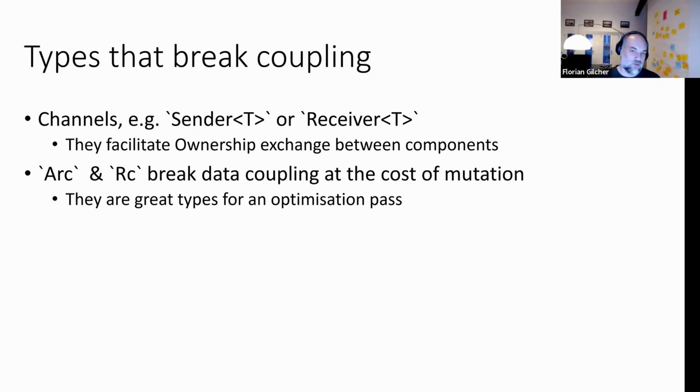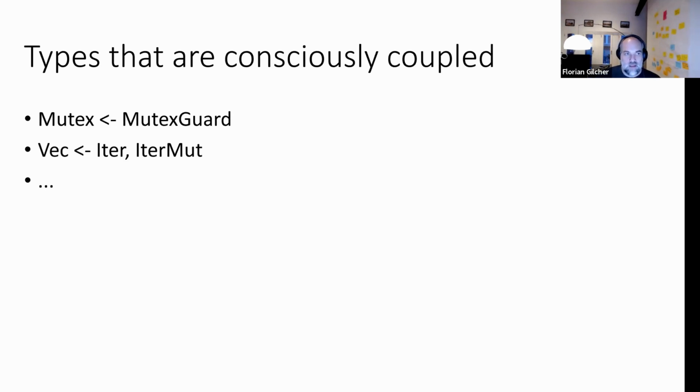There are, for example, great types for a memory saving optimization pass if you want to try this out. These are rather simple constraint types that will help you a lot in the beginning. And there are types that are consciously coupled. For example, if you look at the Mutex interface, which is also rather accessible, there's a type called Mutex, which can produce a MutexGuard, which represents that you locked the mutex and that you currently have access to its inner pieces.